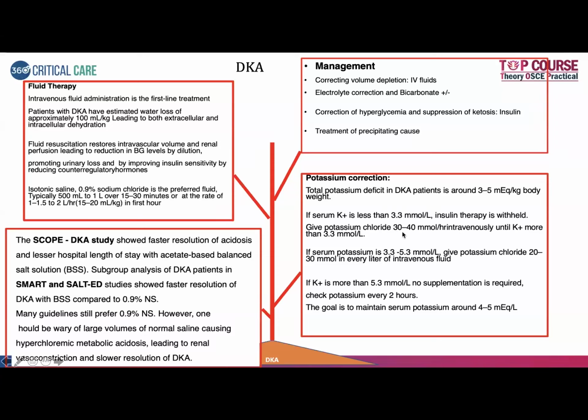So always replace potassium 30 to 40 millimoles intravenously in every unit of fluid that you're going to be giving. If it is below 3.3, you supplement 30 to 40 until your serum potassium is more than 3.3. If it is between 3.3 and 5, you have to give 20 milliequivalents in every liter. If it's more than 5, do not supplement. So this is the guideline.